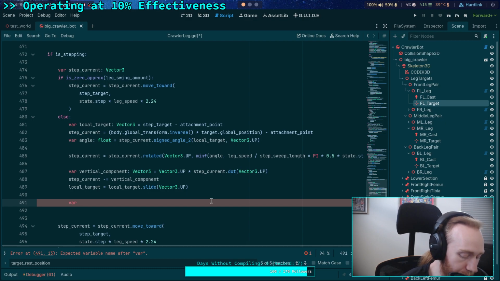Is there a way I can do this without taking the length of both vectors, or at least of step current, normalizing it, and then making that length move towards the other one's length?